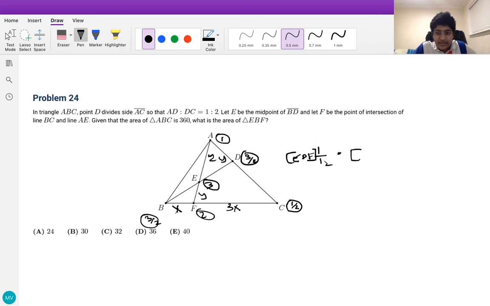And in the question, they actually give us the area of ABC, 360. So the area of EBF is going to be 1/12 times 360, which is 30. This gives us answer choice B.